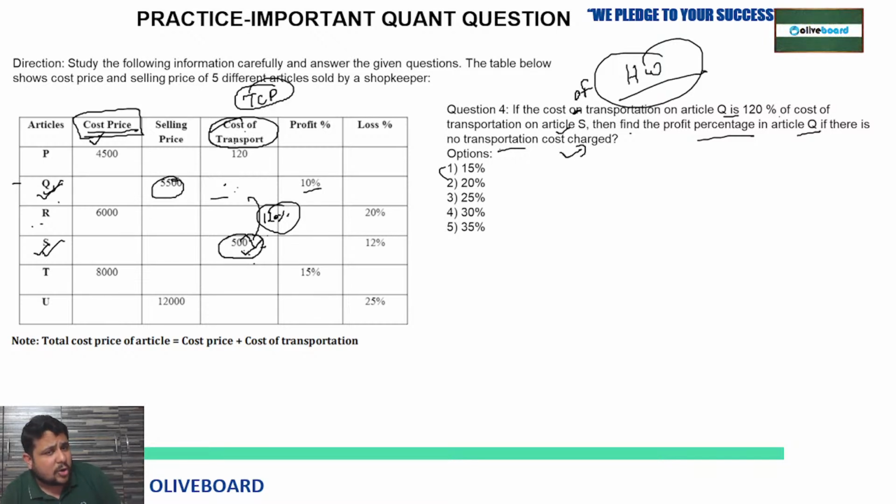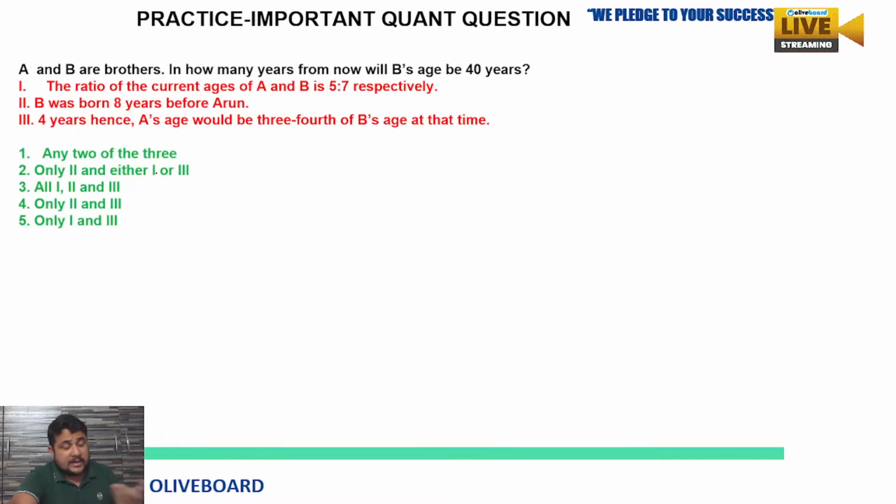When you know total cost price, and cost of transport is already given, just subtract cost of transport from total cost price, so you will get the cost price. Now just put cost of transport 0, and compare the cost price with selling price, how much profit you are getting when there is no cost of transport. So I explained you the complete question, you just need to calculate only, and expecting the answer. You have to comment in the comment box after the session, just try to do it.